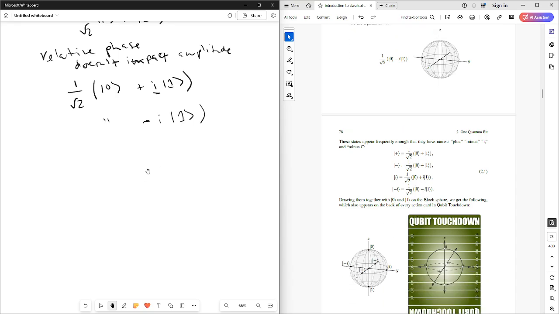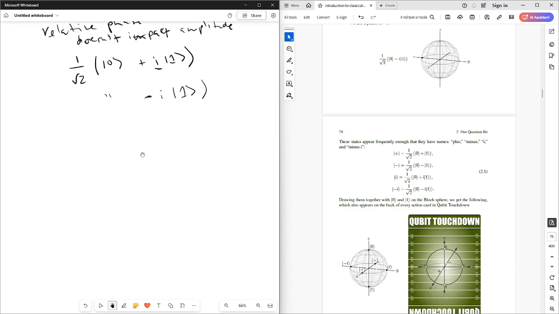So there are certain states that are kind of foundational, so they have their own symbols. So we have the plus state, the plus ket. I don't know how you would say that. Oh, the plus, it literally says it right there.